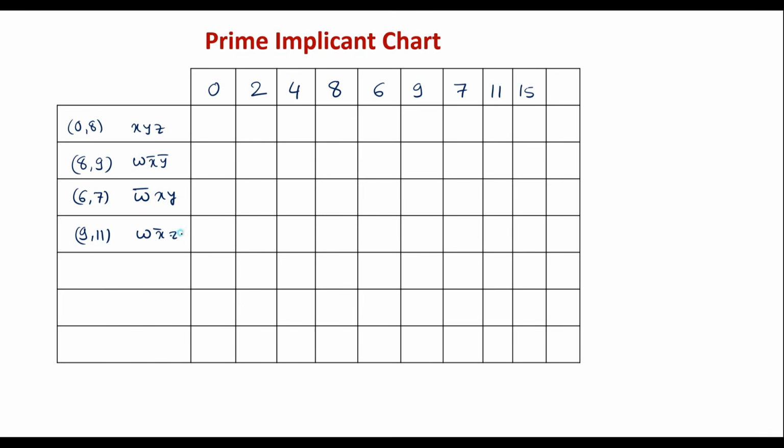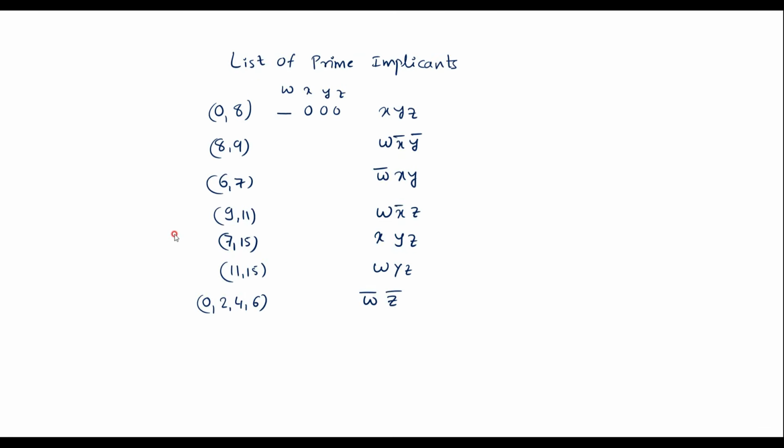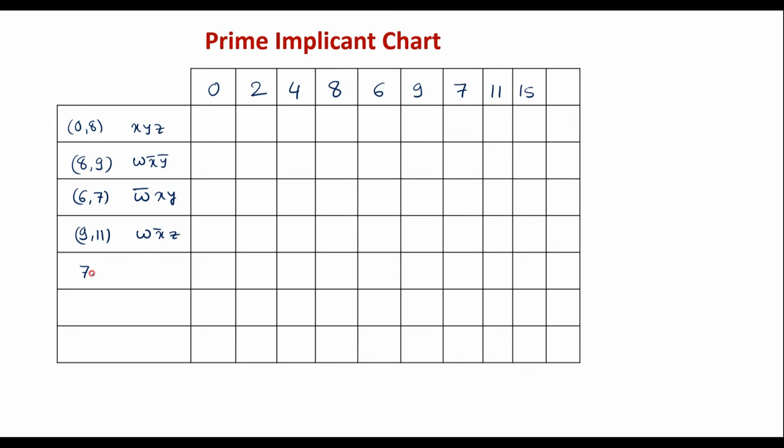Then 7, 15, which is x y z. Then 11, 15, which is w y z. Next is 0, 2, 4, 6, which is w bar z bar.